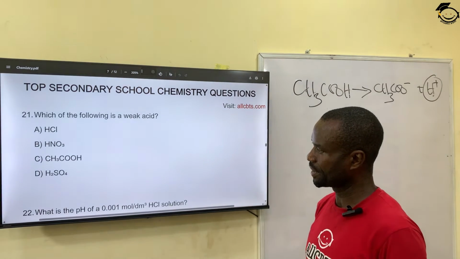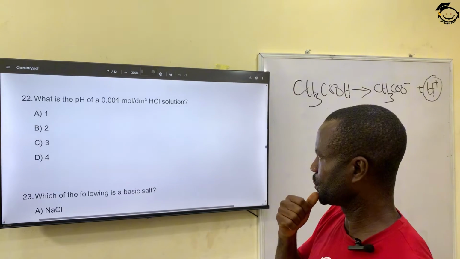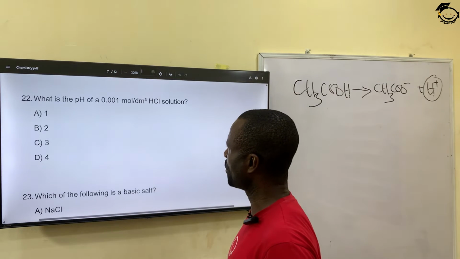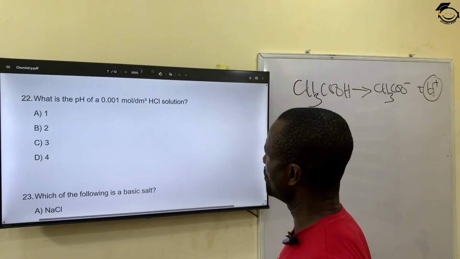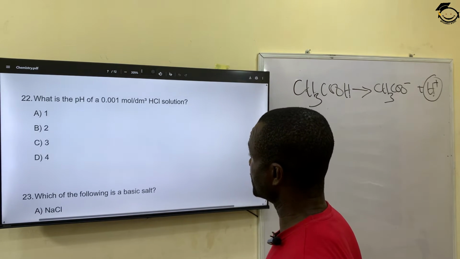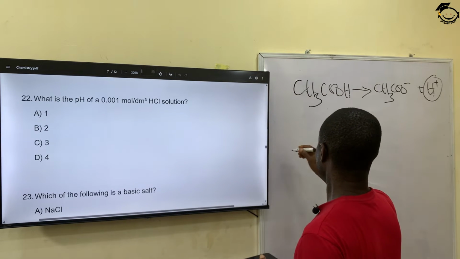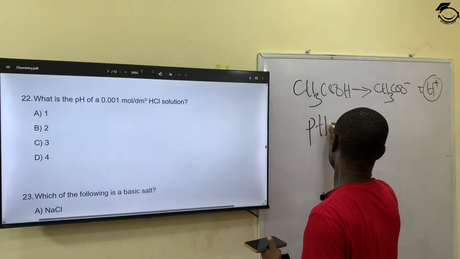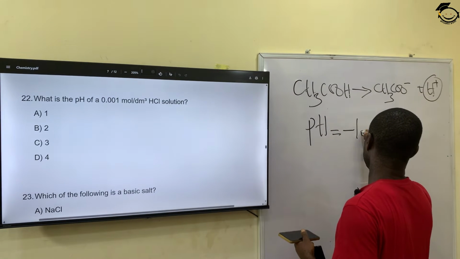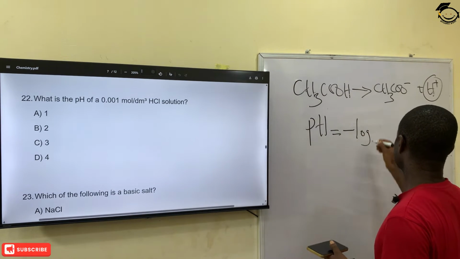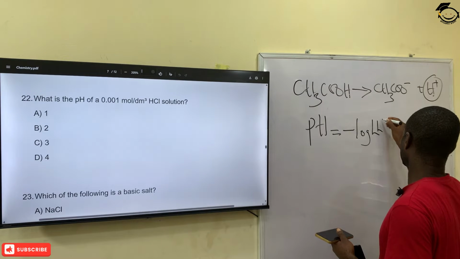All right, number 22. What is the pH of 0.001 molar HCl? You know, from pH, we have a formula: pH is the negative logarithm of hydrogen ion concentration.